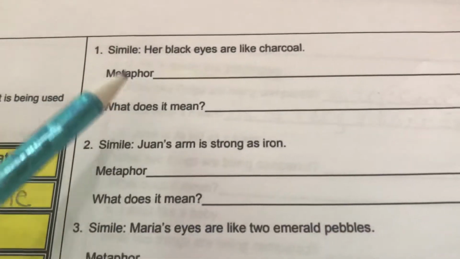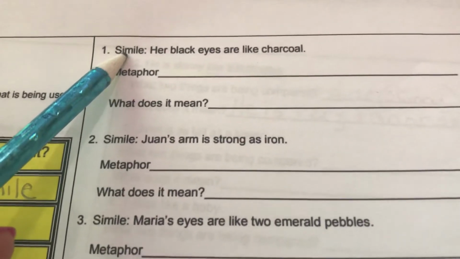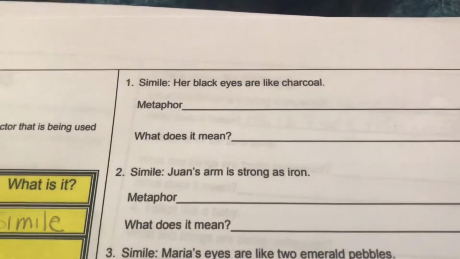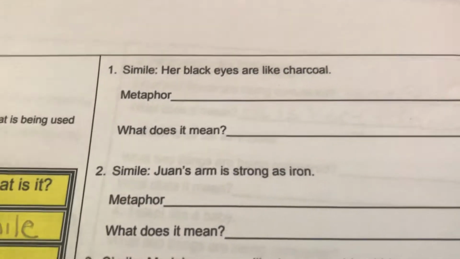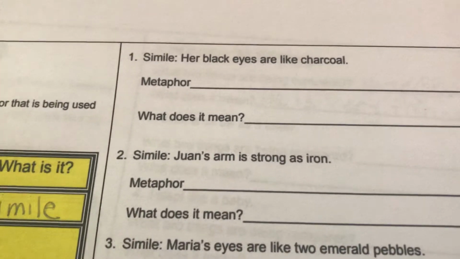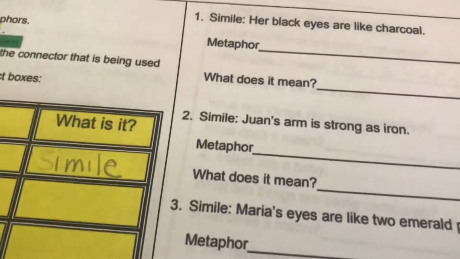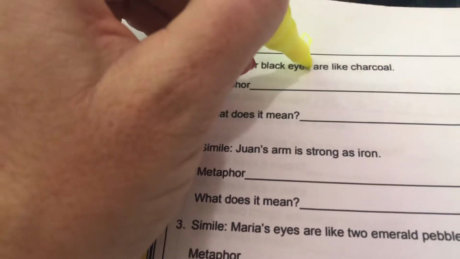Okay, let's go ahead and read the simile. Her black eyes are like charcoal. Ooh, I like that. Her black eyes are like charcoal. Okay, now remember, we're supposed to underline the real term in yellow. Okay, so the real term in this is black eyes.